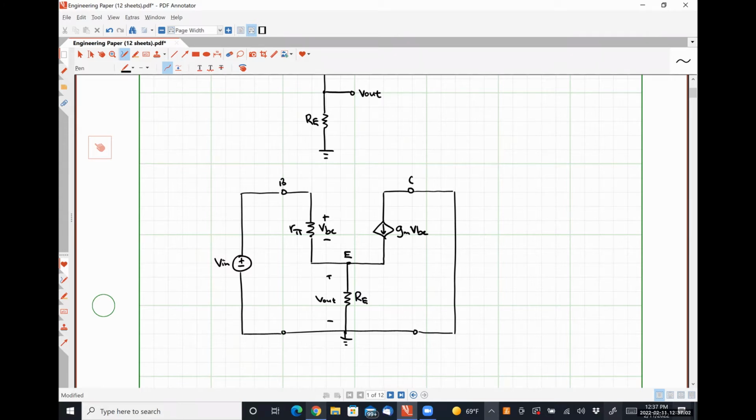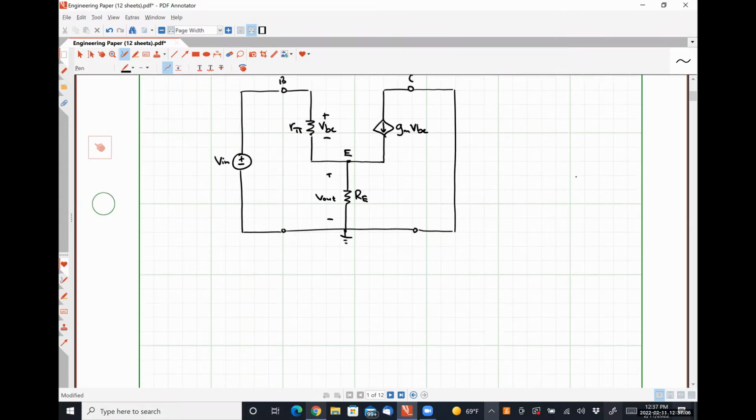So to determine our input resistance, I'm going to redraw this circuit slightly. Okay, I'm going to give it the old circuits one treatment because, again, that's how my brain mostly works.